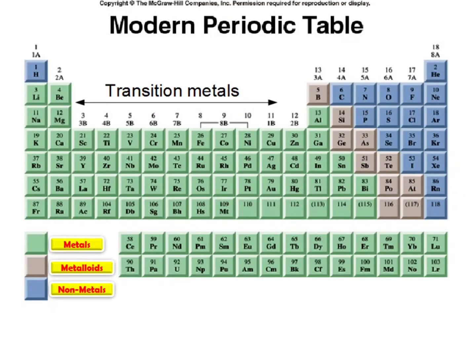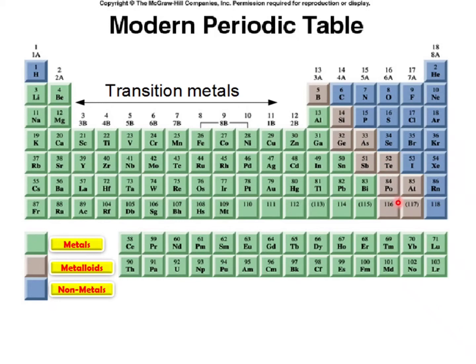Okay guys, so this is cara dia bahagikan dalam periodic table, we have metal, we have metalloid, and we have non-metal. Okay, yang warna hijau ni semuanya adalah metal, logam. Okay, while the grey color here is metalloid.